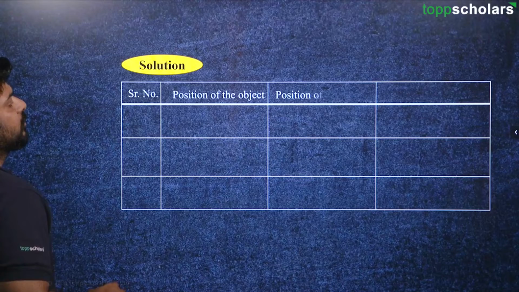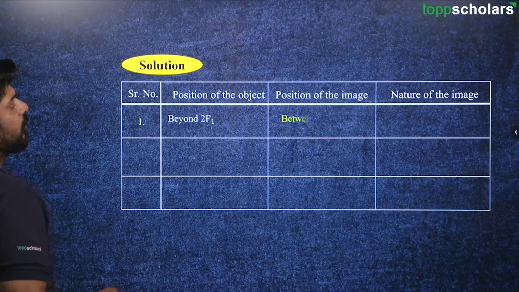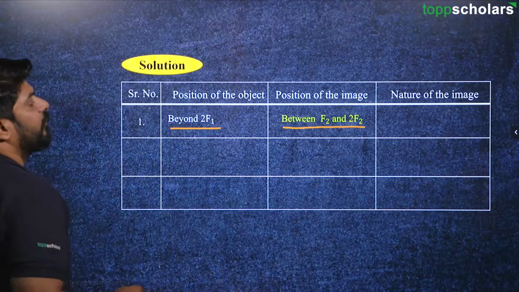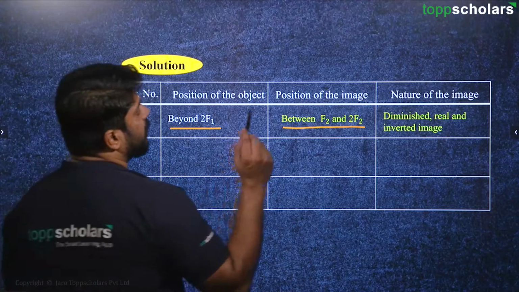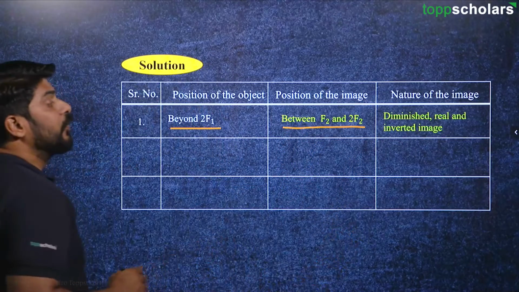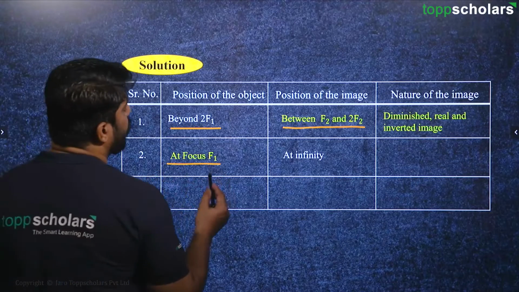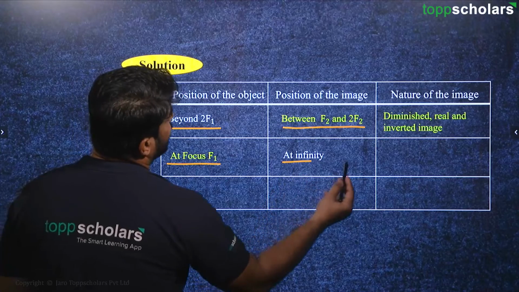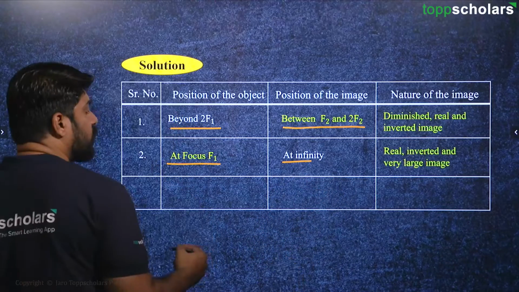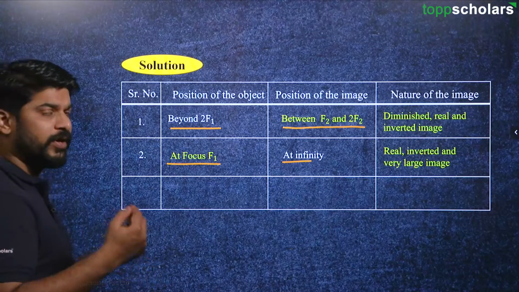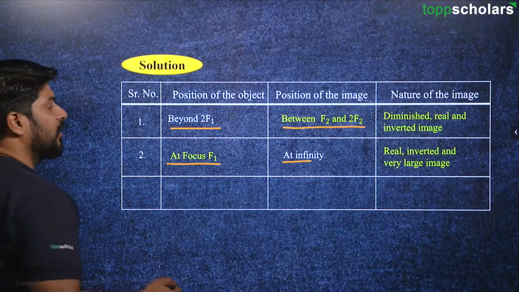So here it is. First, when the object is beyond 2F1, the image is between F2 and 2F2 and it is a diminished, real and inverted image. Next, when it is at focus, the image is at infinity and the nature is real, inverted and highly enlarged.